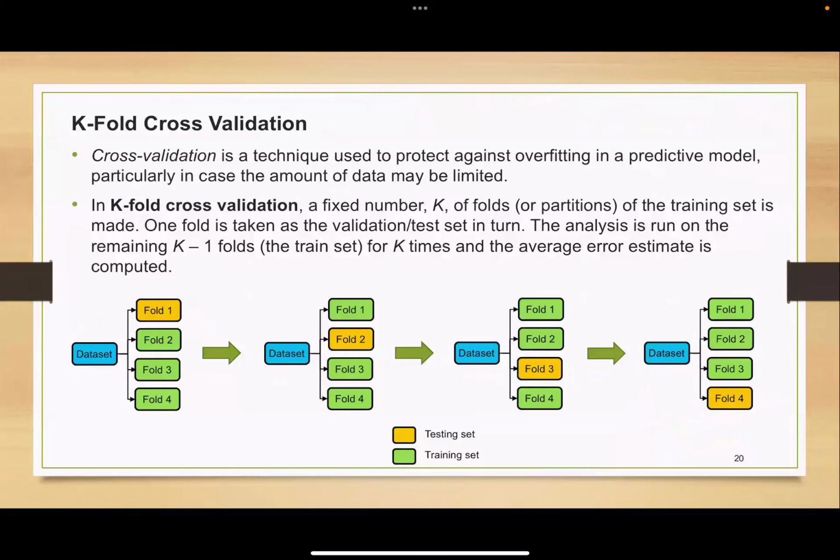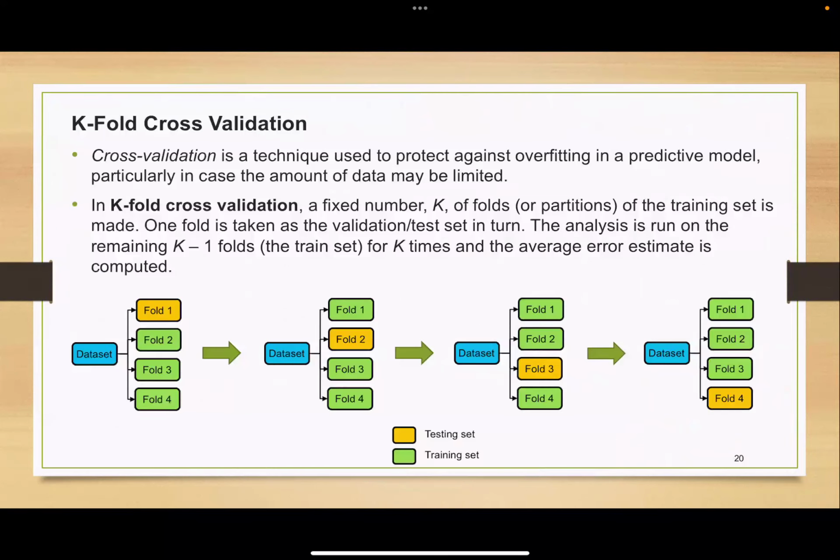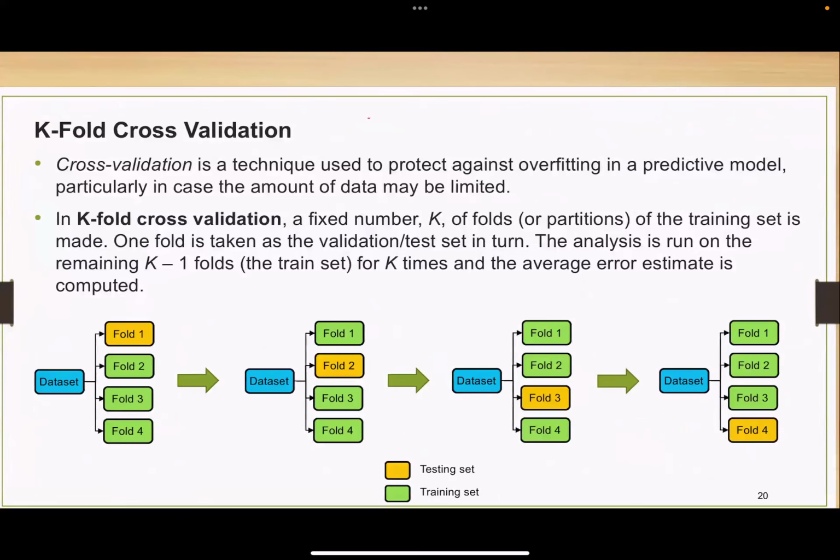And then there's another way for model tuning, which is called cross-validation. When we use a single split of training and validation set, you will find a problem.